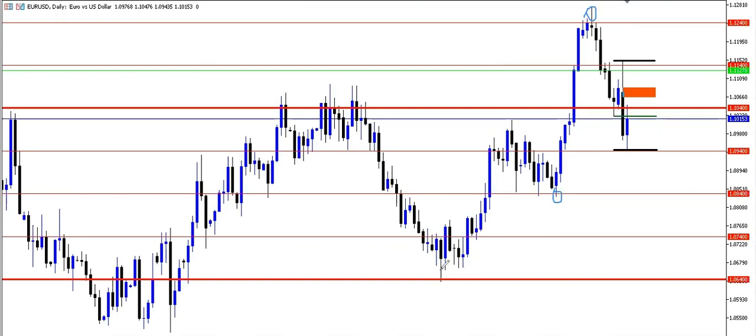Since from this zone, 1.06400, price was forming lower highs, new higher highs. And then around this zone, 1.10400, I consider this to be a low. Price pushed up, and then it broke this low here on the daily time frame.